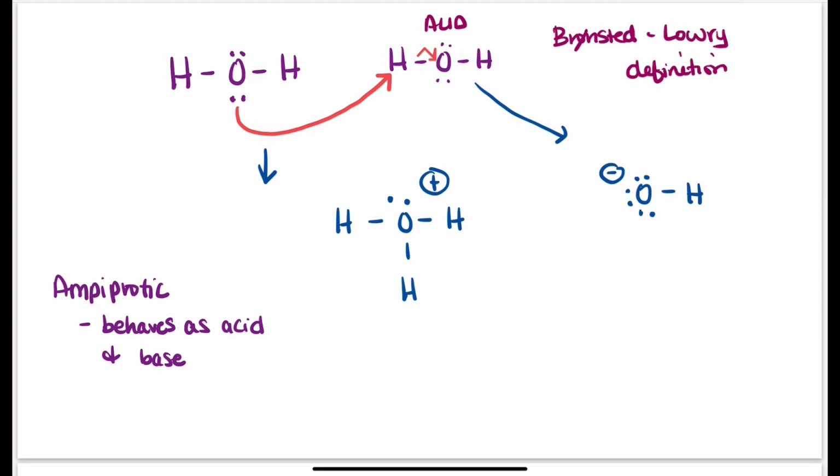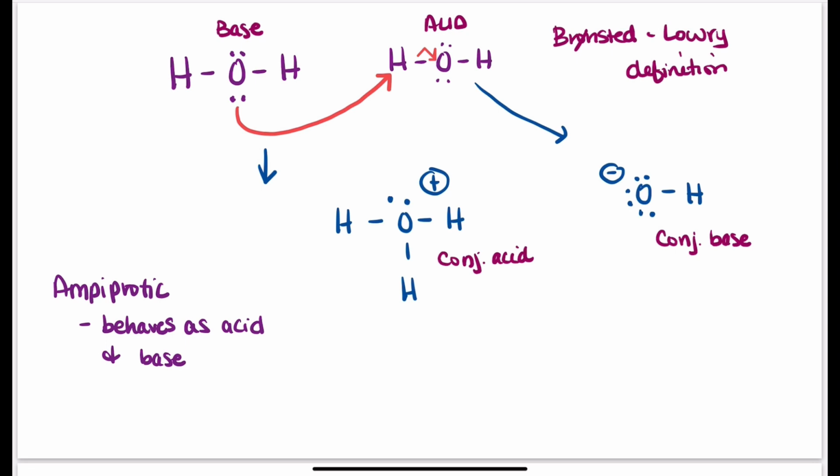This donated the proton to the other species, and it forms a conjugate base. A base is a proton acceptor. This water molecule accepted that proton, and this is the conjugate acid.